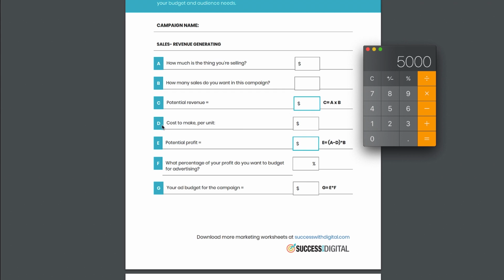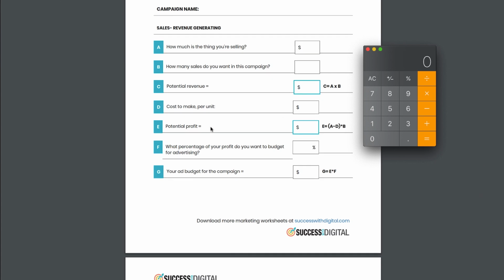Now, something to look at is how much does it cost to make per unit? So let's say you sell it for $100, but it costs you $50 to make. Then you'll want to mark that down here, and then from there we can actually look at the potential profit. So to be able to figure that out, what we're going to want to do is, what are we selling it for?